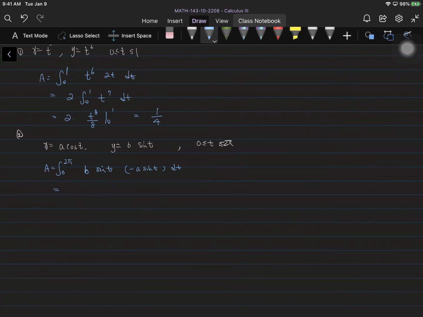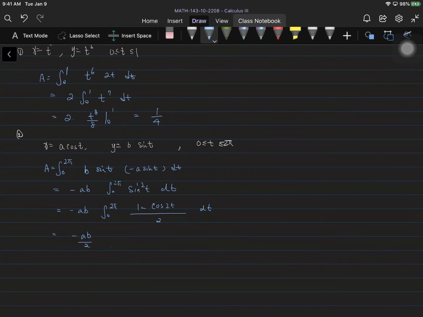Take the negative ab to the front, because they are constant, the integral from 0 to 2 pi of sine squared t dt. For the sine squared, we're going to do the same thing: decrease the power using the double angle formula. So sine squared t is (1 minus cosine 2t) over 2, dt. Now evaluate the integral.